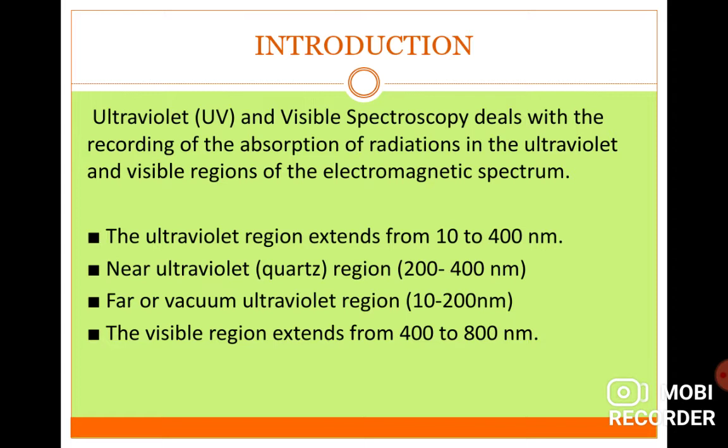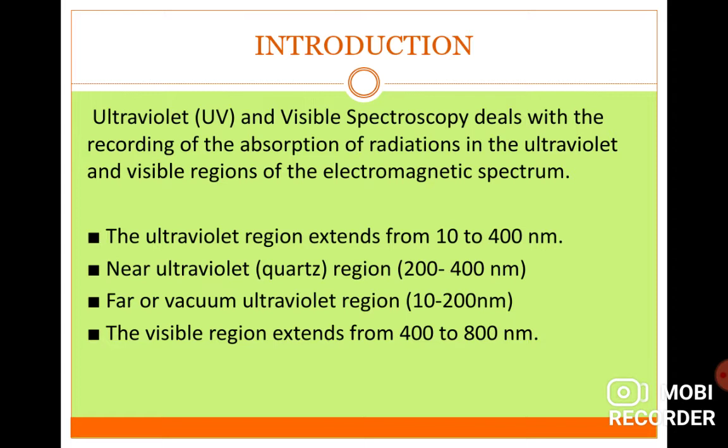The ultraviolet region extends from 10 to 400 nanometer, and the near ultraviolet region is 200 to 400 nanometer. The far ultraviolet region, also known as the vacuum ultraviolet region, ranges between 10 to 200 nanometer, and lastly the visible region extends from 400 to 800 nanometer.